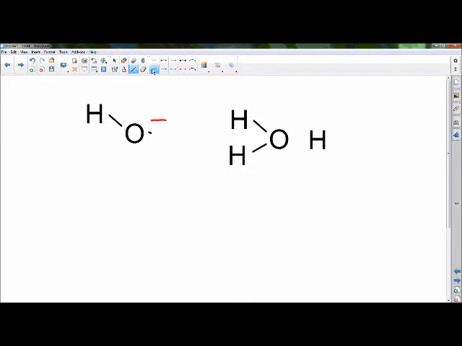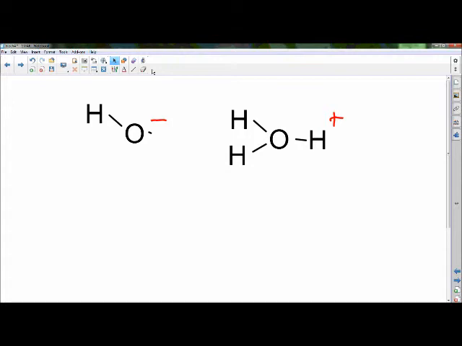So this water molecule over here is going to form that hydronium ion. So it's going to have a positive charge. So in any water mixture, the water that you drink straight out of the tap or distilled water, it doesn't matter, there's a few molecules that are acting as acids and giving up a hydrogen atom. There's a few molecules of water that are acting as bases, and they're taking on that extra hydrogen to form that H3O+.